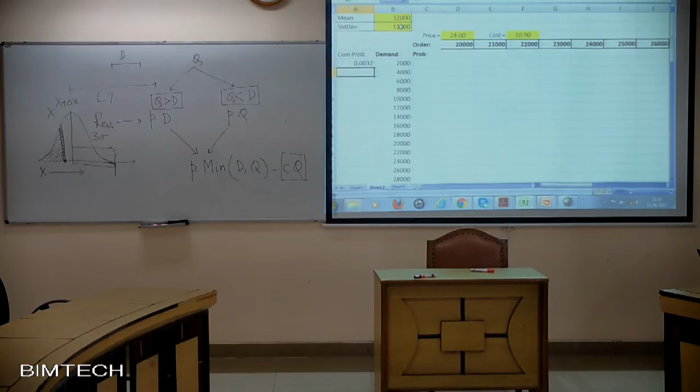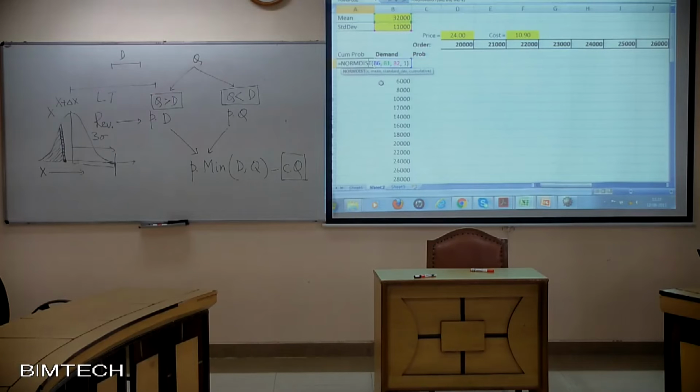So let me just show you. The moment I press enter, I get a value of 0.0032. Now let me just come back to the formula. The reason I want to come back is because I am going to drag this formula down across the range of demand that we have. And therefore, I want to freeze certain cells before we do that.